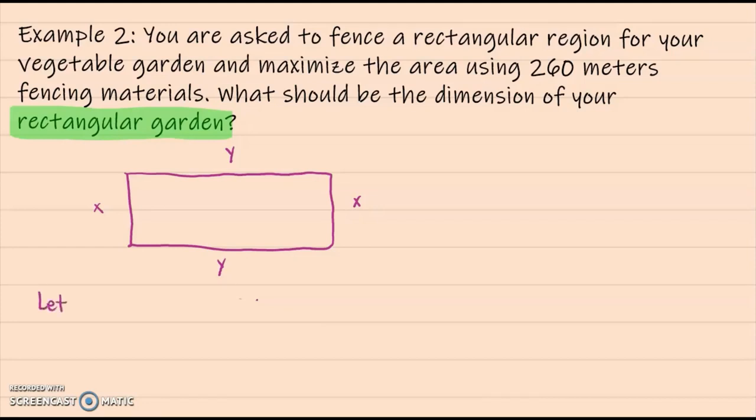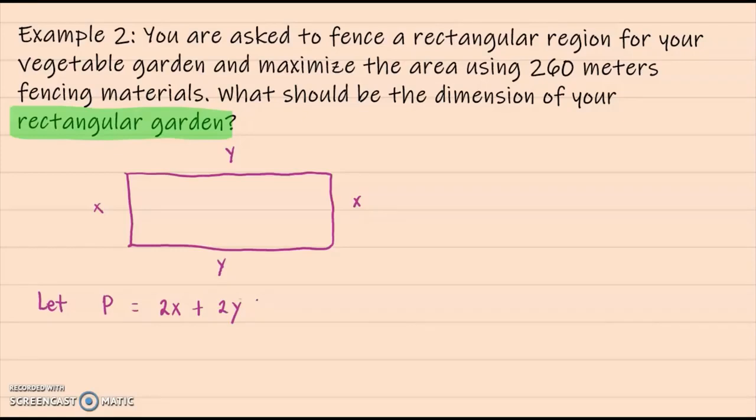So let's let perimeter P is equal to 2x plus 2y, because we know that perimeter is the total measure of all the sides of a polygon.